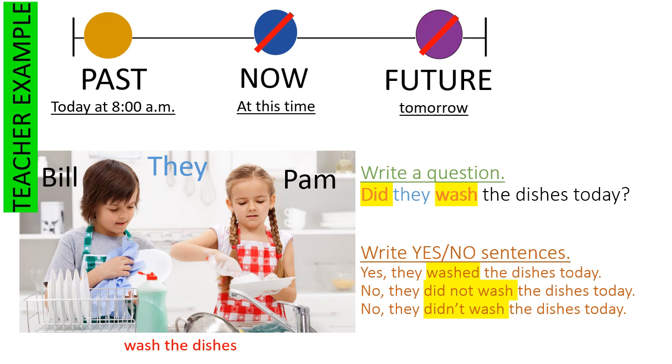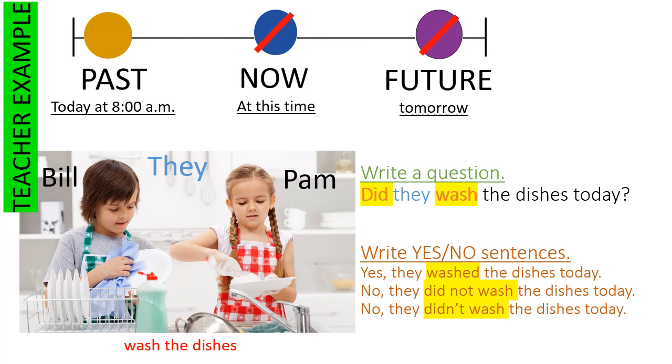So one of my sentences, if I answer yes, says yes, they washed the dishes today. No, if I answer no, no, they did not wash the dishes today. Another way to answer no is no, they didn't wash the dishes today.